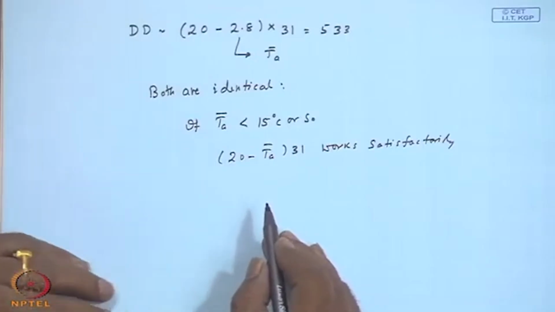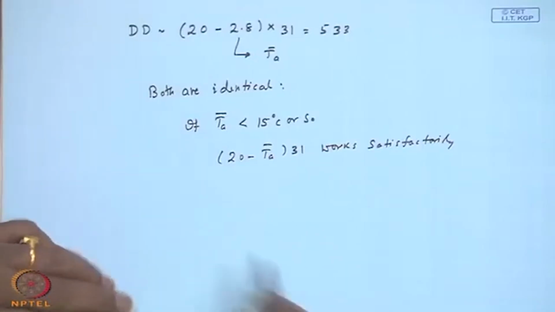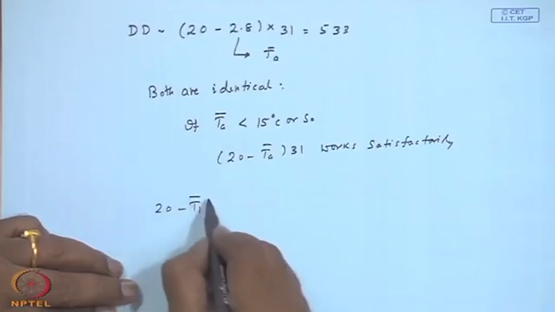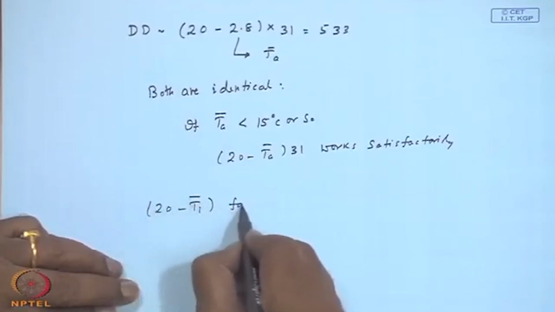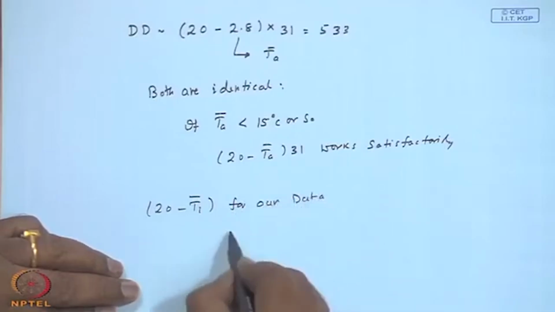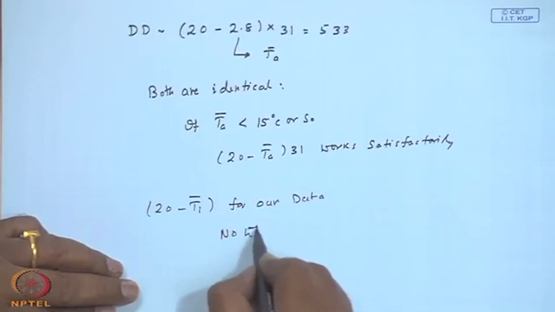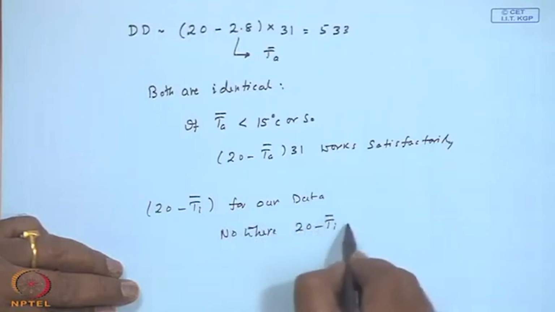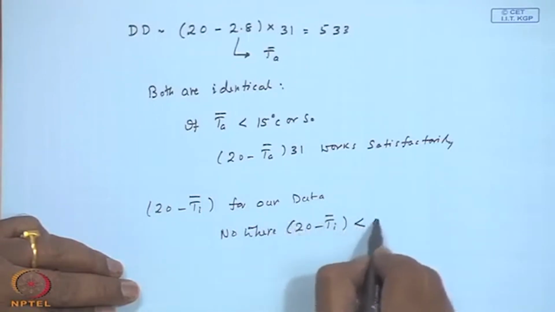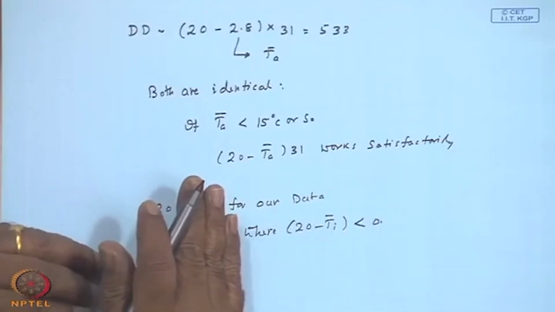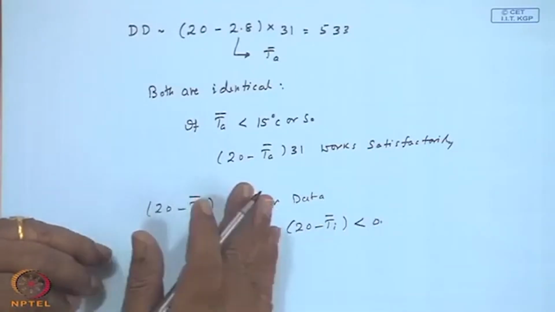Now, if you look at it, for our data, nowhere is 20 minus T I bar less than 0. All temperatures are less than 20. So, the contribution is there for every hour.